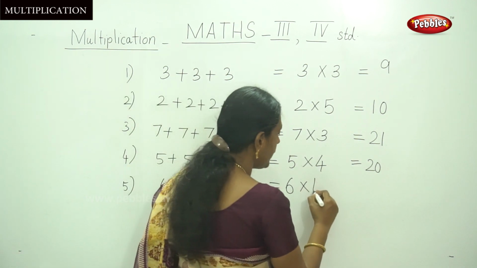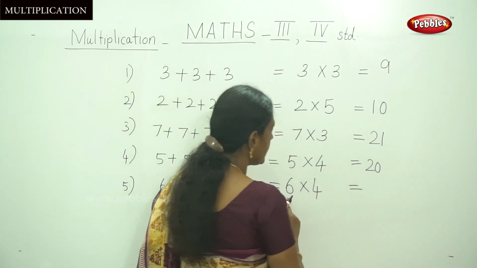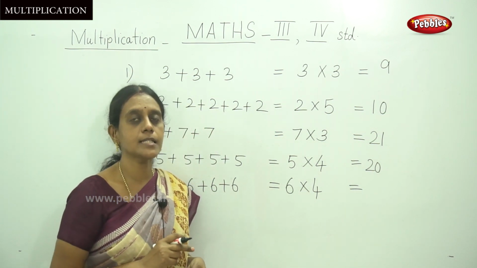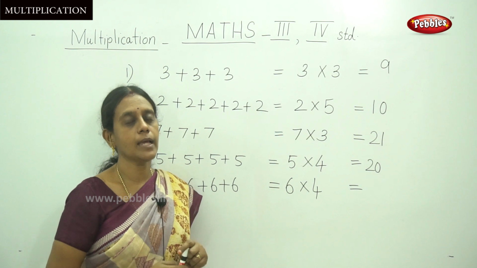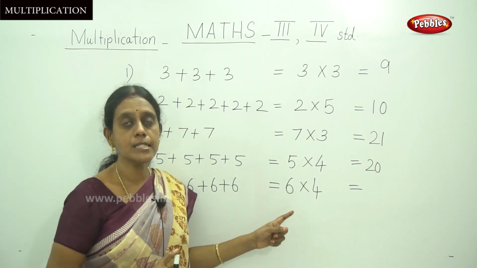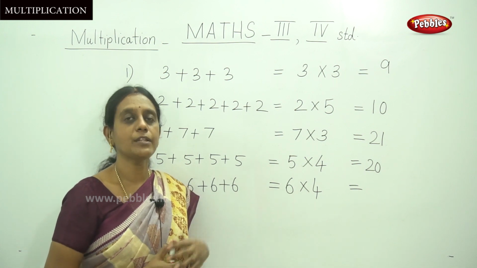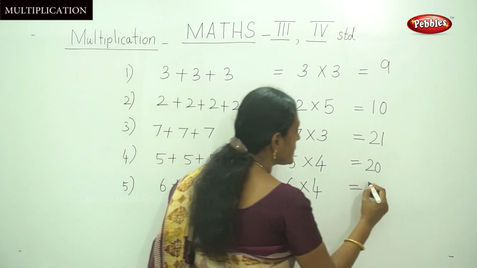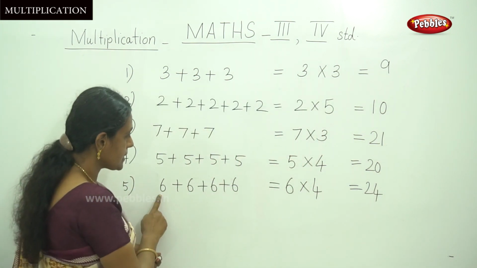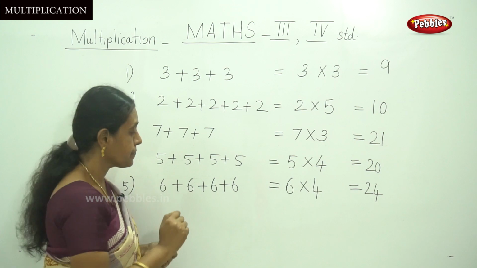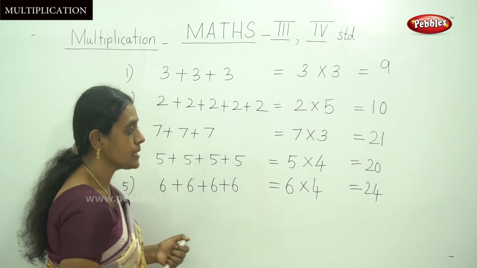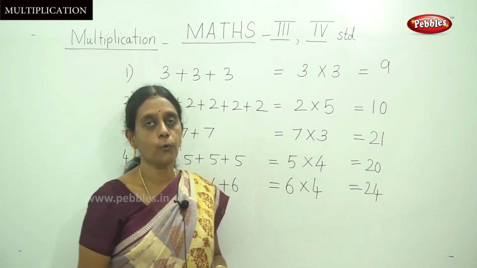Put 4 here and say the 6 table. 0 6s are 0, 1 6 is 6, 2 6s are 12, 3 6s are 18, 4 6s are 24. So write the answer 24. By adding, 6 plus 6 is 12, 12 plus 6 is 18, 18 plus 6, the answer is 24.